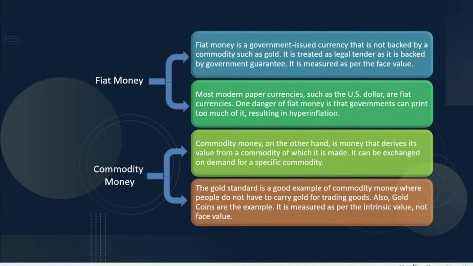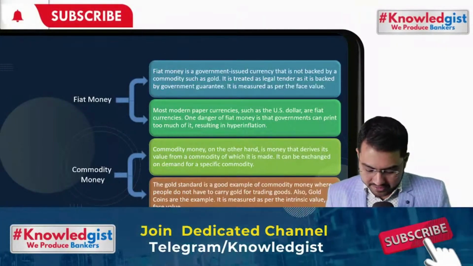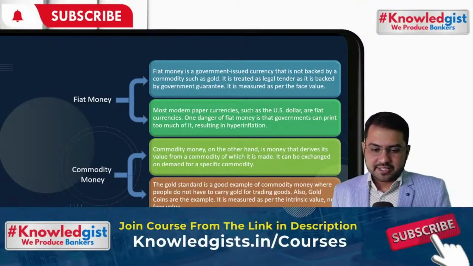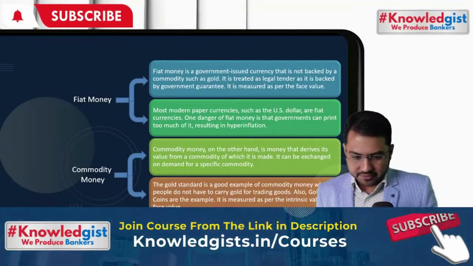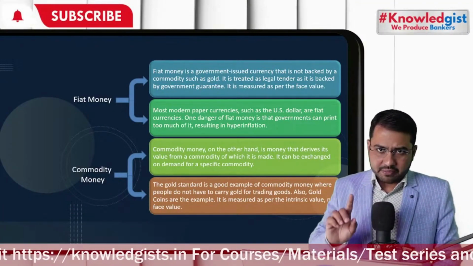And commodity money, on the other hand, derives its value from the intrinsic metal, like gold coins, silver coins, etc. The gold standard is an example of commodity money. In our ancient ages there were gold coins, right? So these are commodity money, if I can put it in the right perspective. Clear? So yes, these two things are important: fiat money and commodity money.